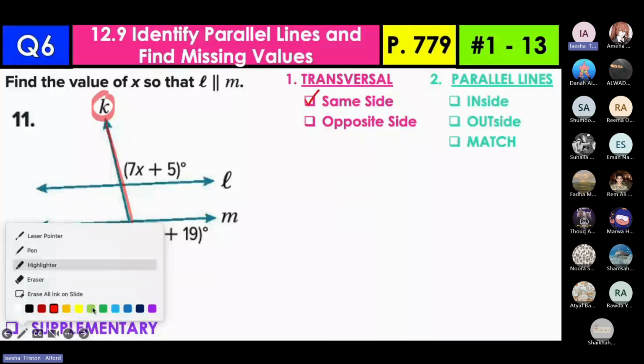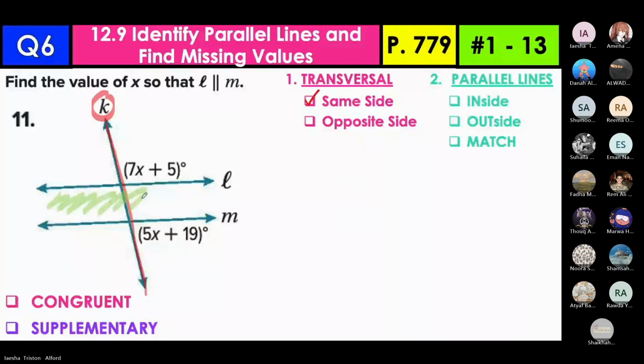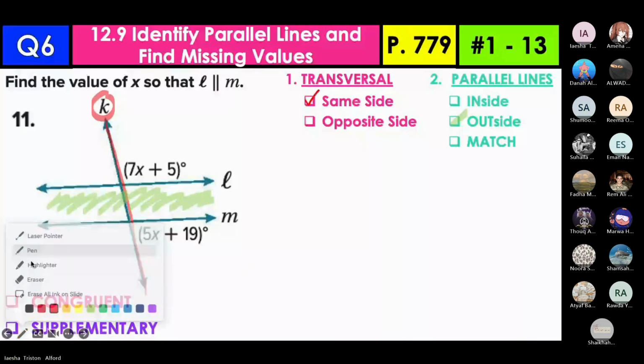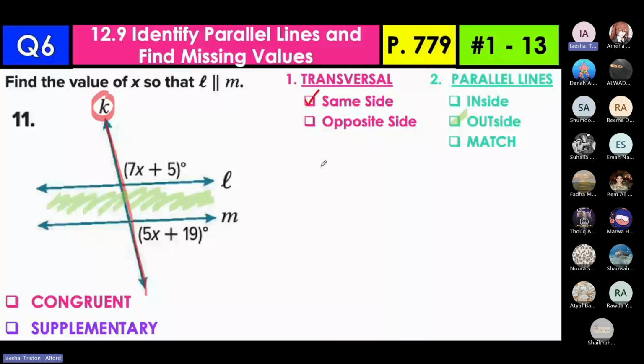So what is the name for same side and outside? Consecutive exterior. Is consecutive exterior congruent or supplementary? Supplementary.